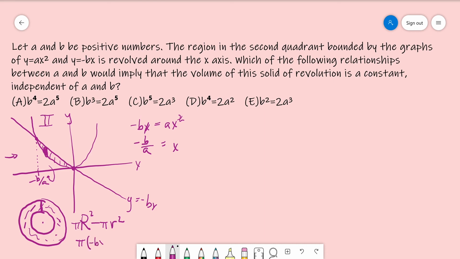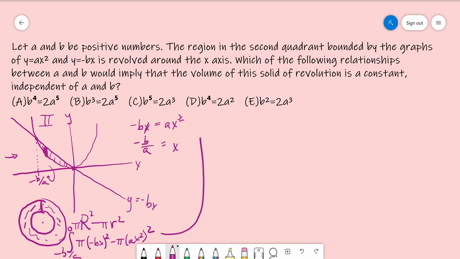So this is going to be negative bx squared, and we're going to subtract from that the radius of the little circle, which is ax squared, because r is ax squared, and we have to square it. And then what we do is we integrate these little washers from negative b over a all the way to 0, and that gives us the volume of the solid of revolution.